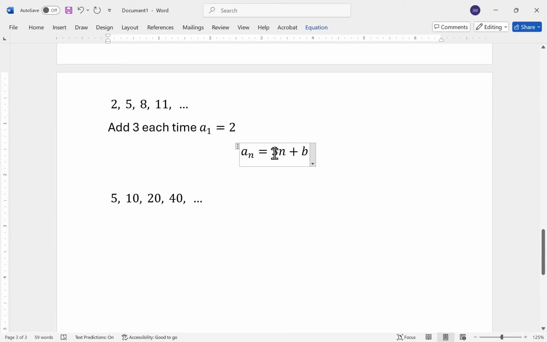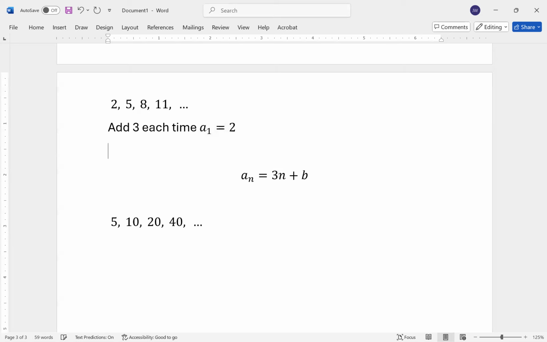Adding 3 over and over again just means I'm going to go 3 times n, because each time I increase n by 1, that adds another 3. So this is like a linear expression, 3 times n plus b. Now, in order to find the b, we just need to realize that a sub 1 is equal to 2.